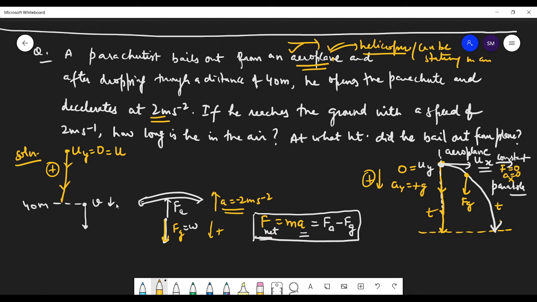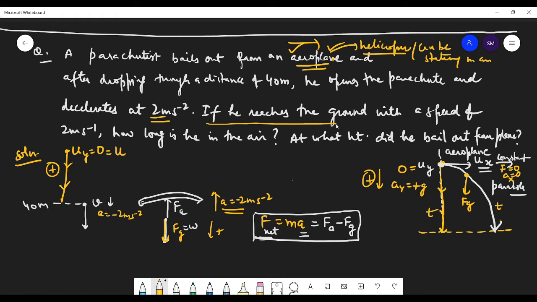So here at this point, acceleration is upward and acceleration equals minus 2 meter per second square. Forget the gravity thing here. Have you understood this concept, students?